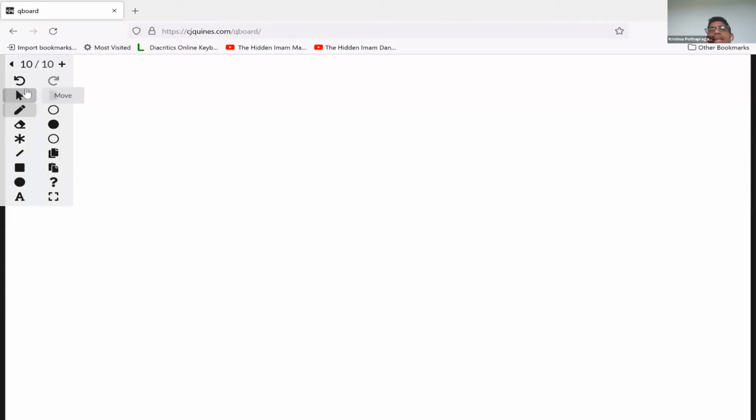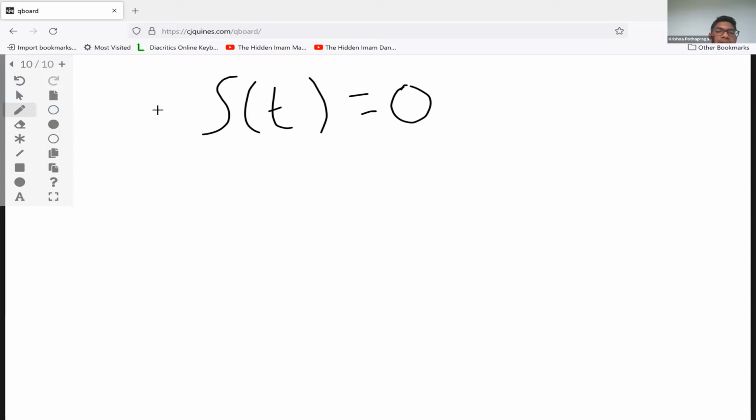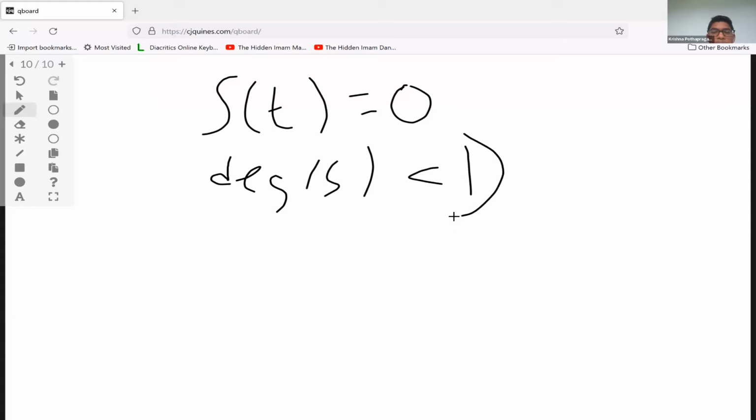And then we are going to say that the problem is equivalent to showing some polynomial is equal to 0 for every value of t, right? Which means the polynomial is 0. And we are going to say the degree of s is less than some large number, or maybe d.